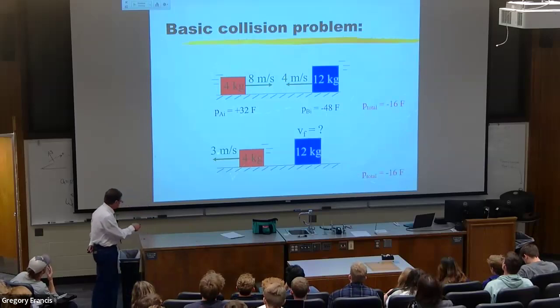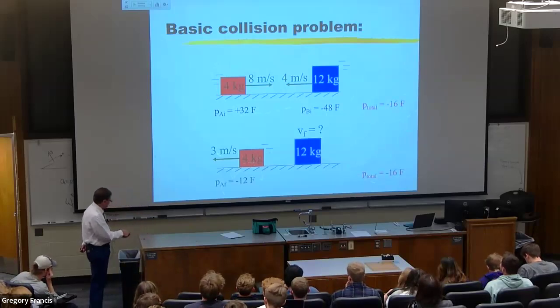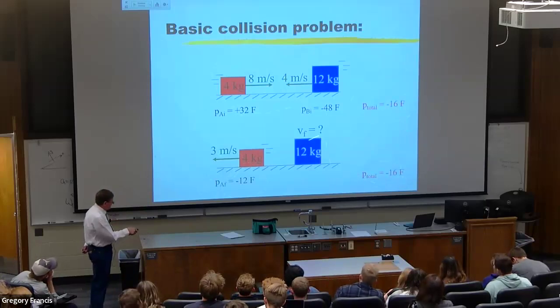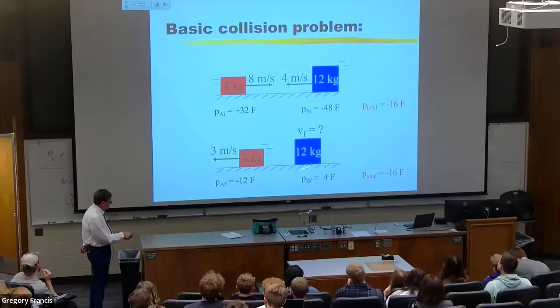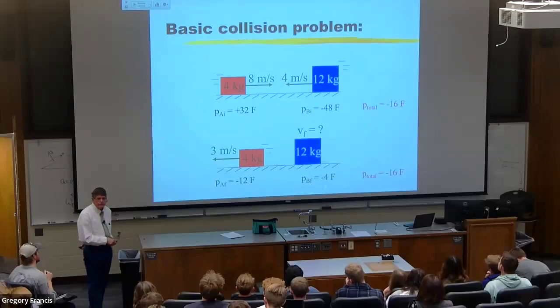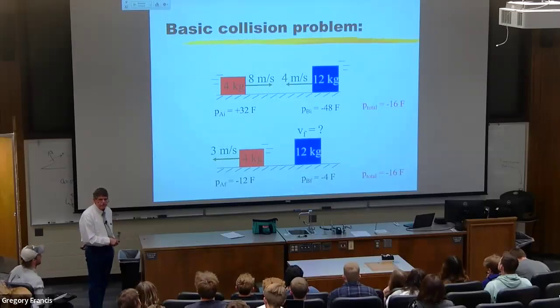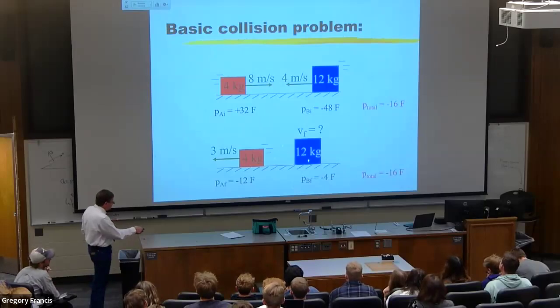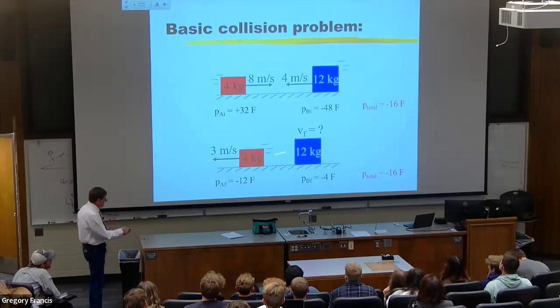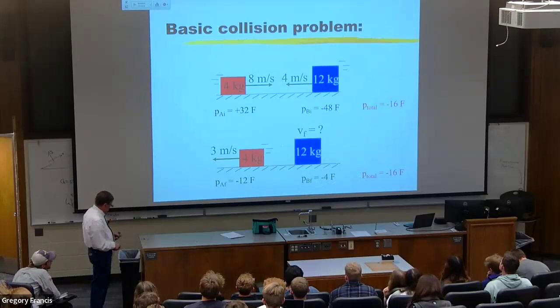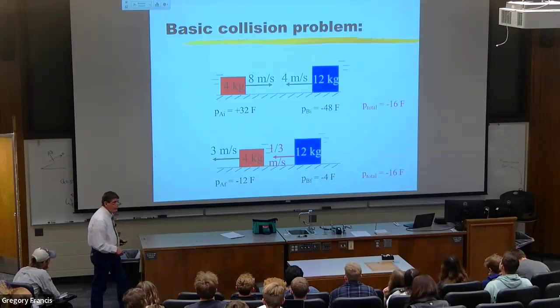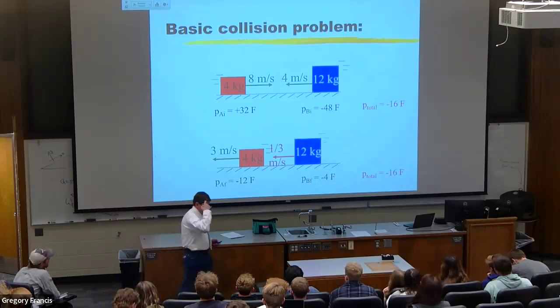And if this block has 3 times 4 or negative 12 Franci, well, to make the total negative 16, this big block has to have a momentum of negative 4. You see where I'm going with that? Now, how fast does this have to go in order to give me a momentum of negative 4? Well, first of all, it has to be going to the left, and the velocity is just the momentum divided by the mass, so that's going to give me 1/3 meters per second to the left.